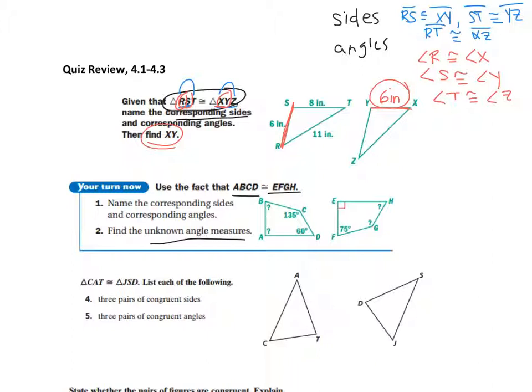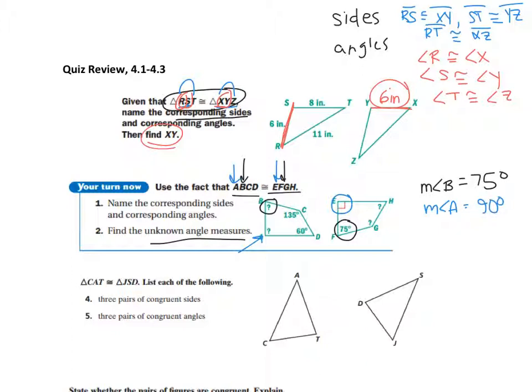So if angle B right here matches up with angle F, so the measure of angle B has to equal 75 degrees. A is the first letter, matches up with E, so the measure of angle A has to be 90 degrees.